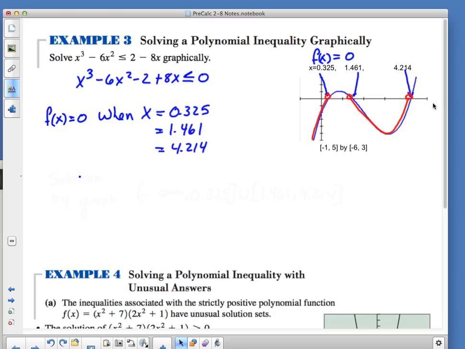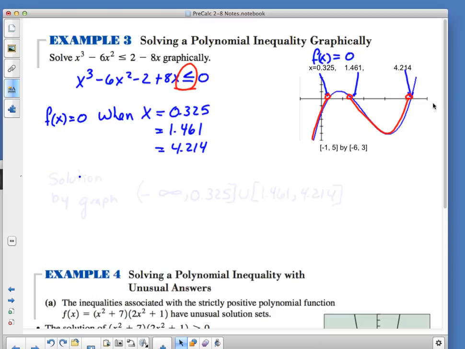Now we got that information, we got to start thinking about it critically. I am looking for when the function is 0 or negative. Do you see why I'm saying it's negative or 0? Okay, it's the direction of my inequality sign. 0's bigger, so the function, for what values of x, will it be negative and or 0?